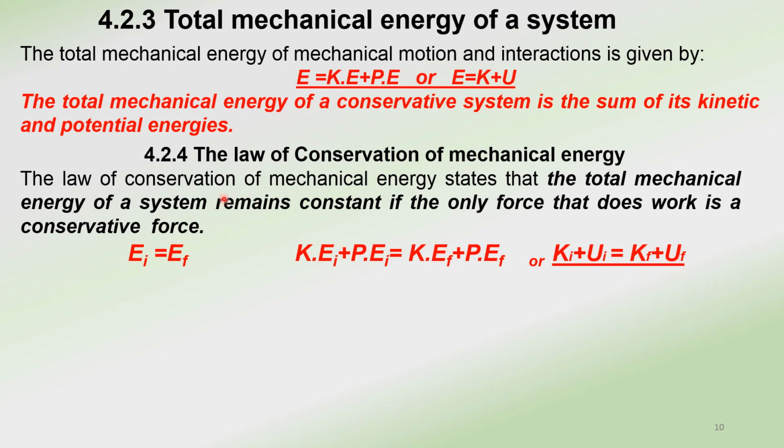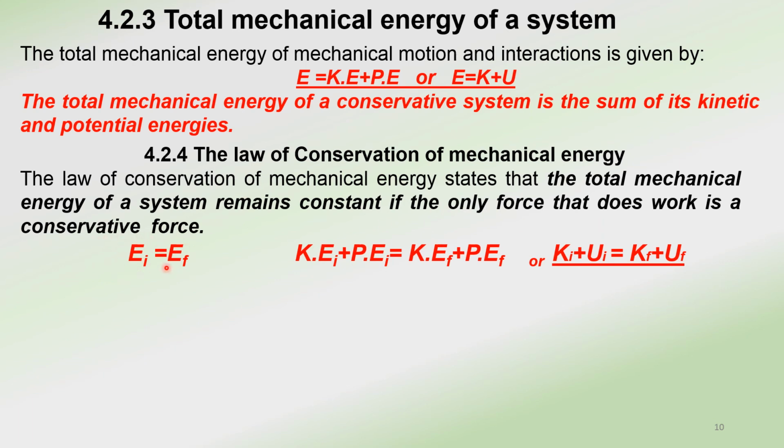Then once you are asked to state this law of conservation of mechanical energy, you need to say that the law of conservation of mechanical energy states that the total mechanical energy of a system remains constant, meaning unchanged, if the only force that does work is a conservative force.